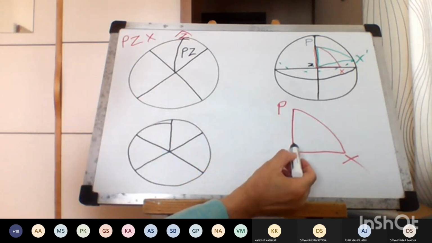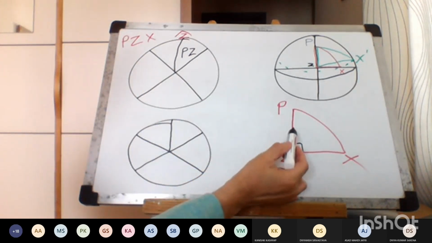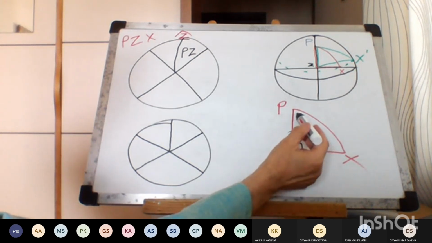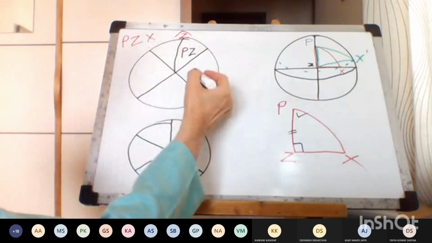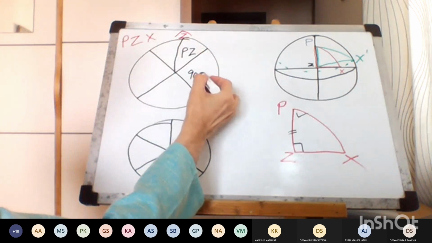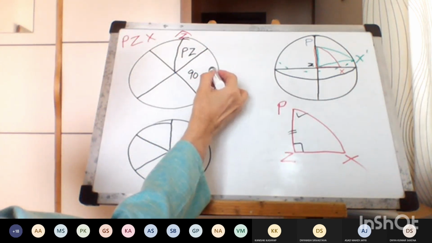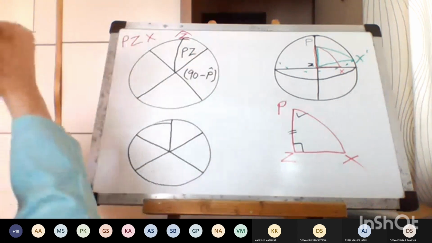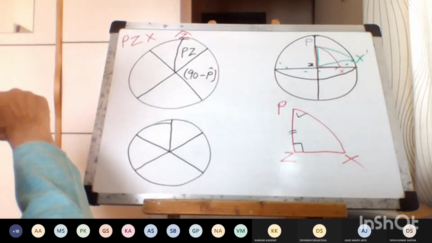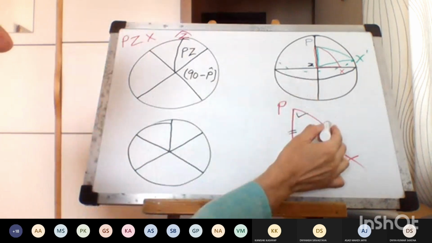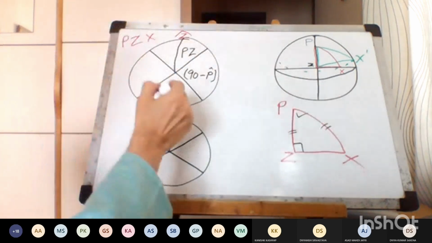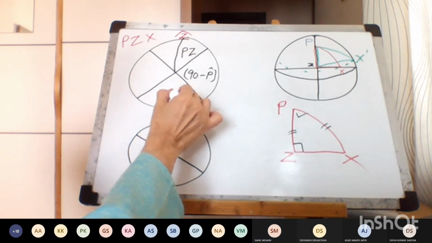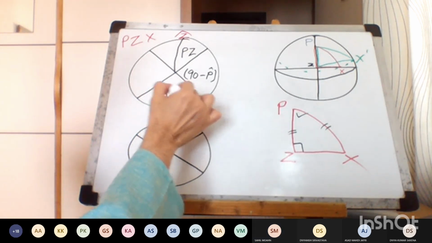So after angle Z, which was 90, I kept it outside. Side PZ. After PZ comes angle P. So we write here 90 minus angle P. After angle P, side PX. 90 minus PX.